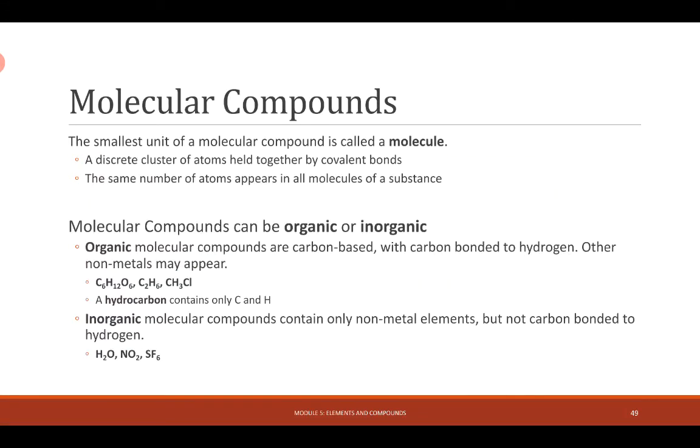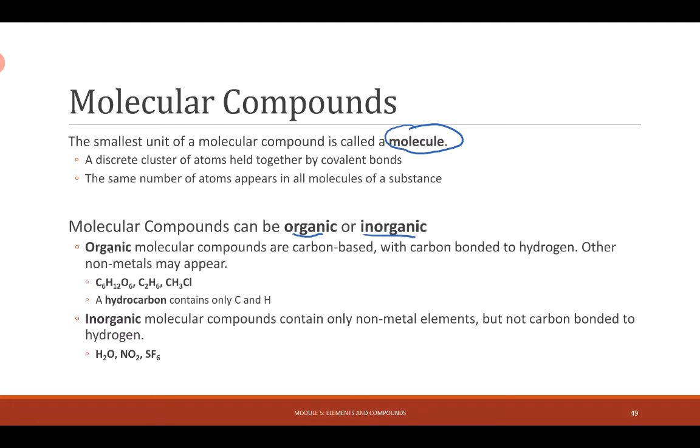Molecular compounds, the smallest unit is called a molecule. The smallest unit in an acid is also a molecule because acids are also molecular compounds. They're just special. They have to be named separately. And so molecular compounds can either be organic or inorganic.